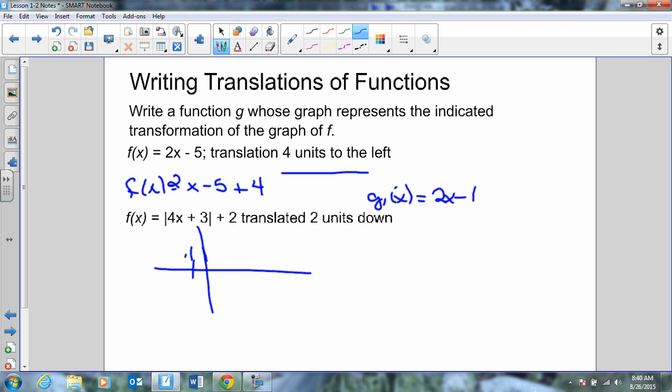You picture that? And I know this is new. We didn't do absolute value a lot in Algebra 1. So we said left 3, up 2, here's our V. Now she's asking you to move it 2 units down.